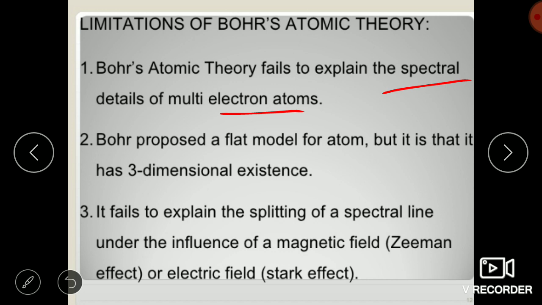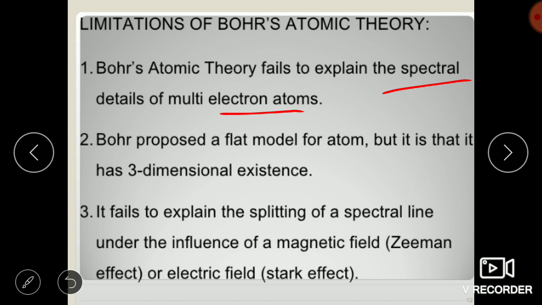If you study that radiation, you get different color radiation based on the difference in wavelength, and that is called the spectral line. For an atom possessing one electron, Bohr can explain the spectral detail. But if the atom possesses multiple electrons, it faces difficulty and can't explain properly. So that is his first drawback.